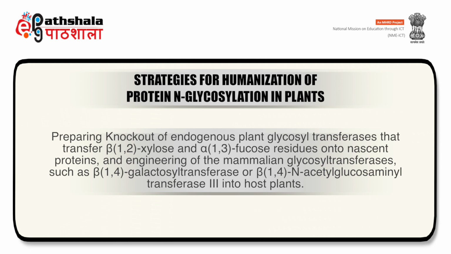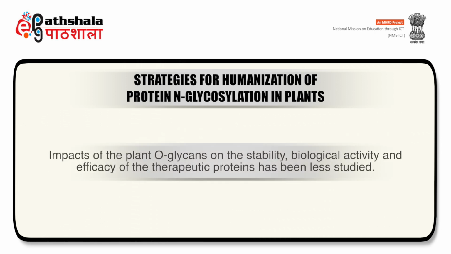nascent proteins and engineering of the mammalian glycosyl transferase such as beta-galactosyl transferase or beta-N-acetyl glucosamine transferase 3 into host plants. Impact of the plant O-glycans in the stability, biological activity and efficacy of the therapeutic proteins has been less studied.